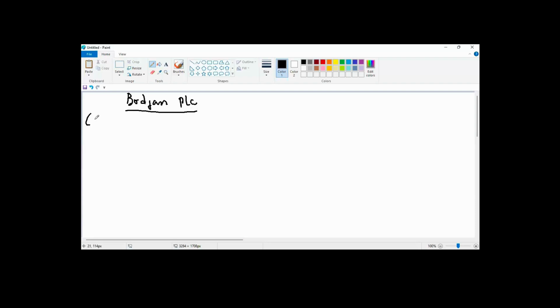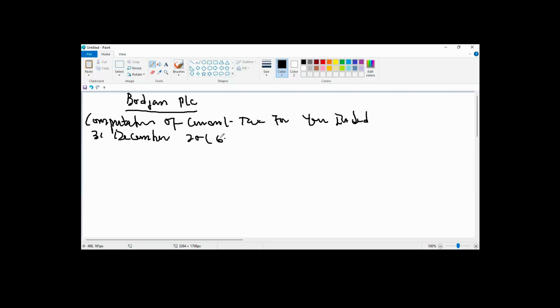So we say computation of current tax for the year ended 31st December 2016. Don't forget to compute current tax.